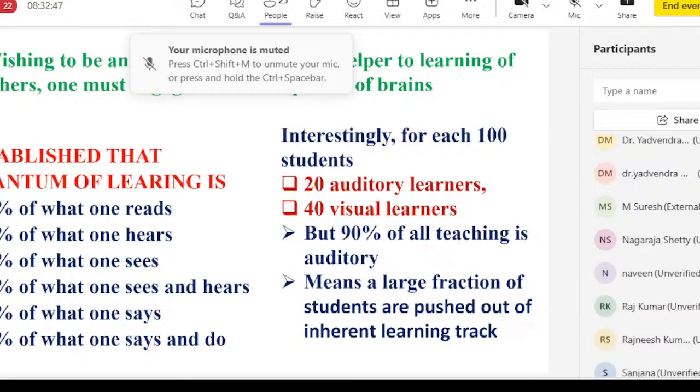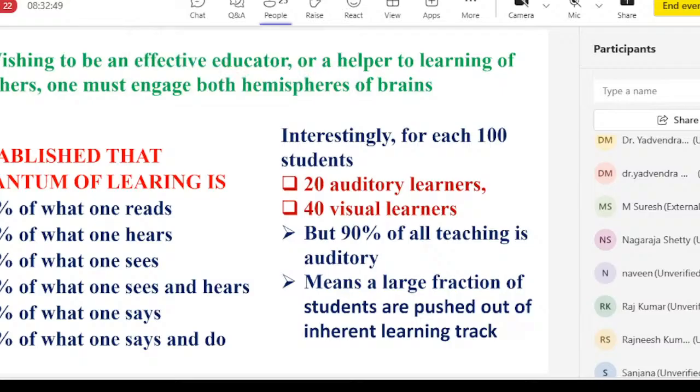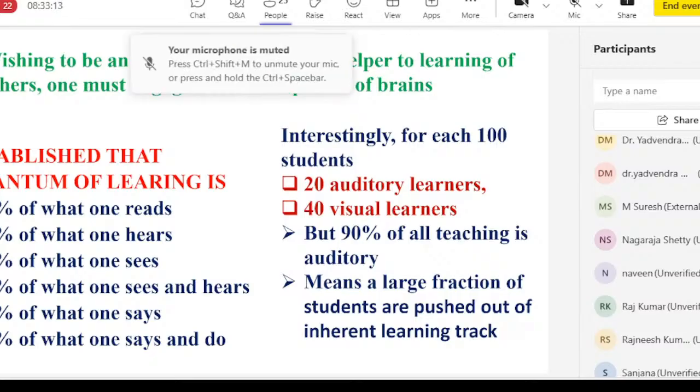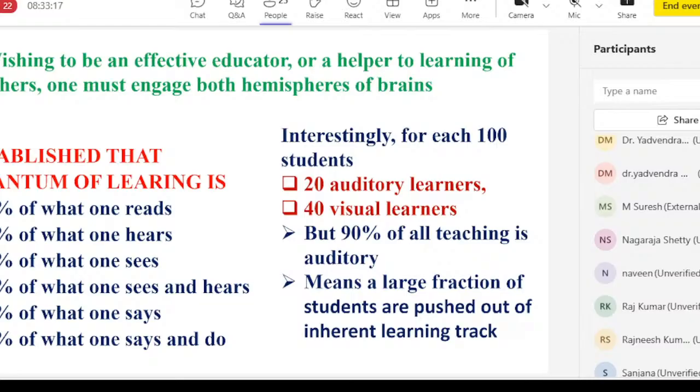So this is important. Now, 90% of all teaching, that's a disease of all the teachers. They think that they're all very big and they always go on talking. So therefore, they believe in auditory teaching. Their style is auditory. Whereas if that is auditory, then only 20% auditory learners are there. So a great number of people are set aside from the basic process of learning.